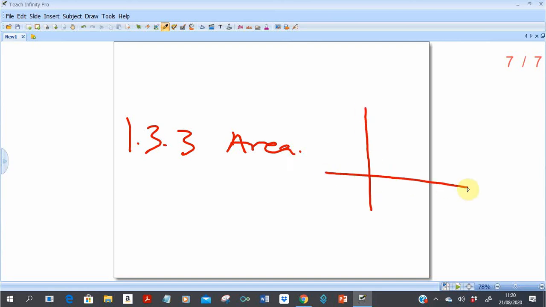Suppose we have a function, a graph. Here, x is a, and there x is b. And this is the function y is equal to f of x.